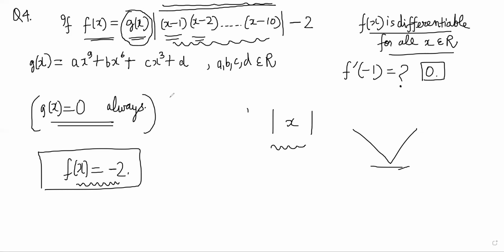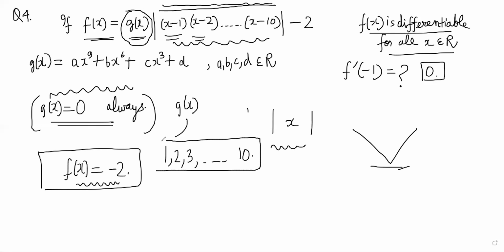Think about it: why am I saying that g x is 0 always? It is possible that g x could be 0 at all the points of non-differentiability, 1, 2, 3 till 10. It is possible that g x is 0 only at those points.